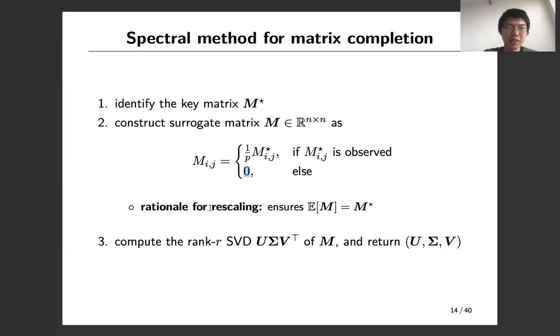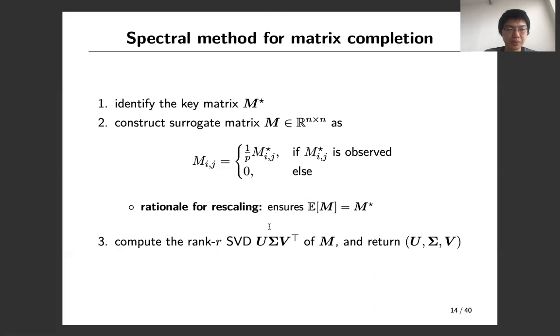The rationale behind this rescaling is to ensure that the expected value of the M matrix is exactly equal to the M star matrix, the key matrix we identified. In the end, we just compute the rank R SVD, U sigma V transpose, of this surrogate matrix, and use that as our estimate.